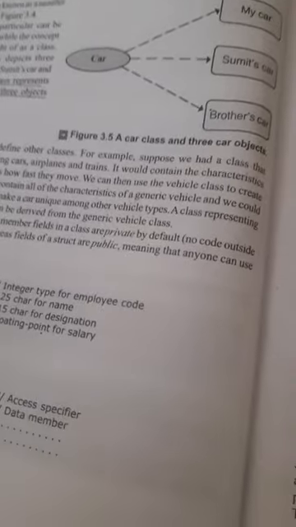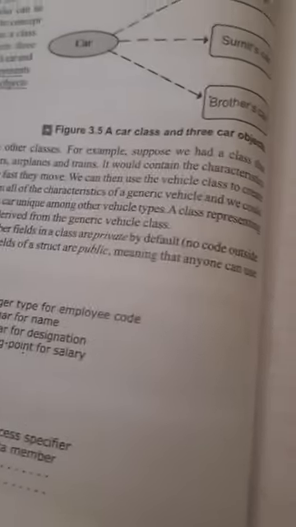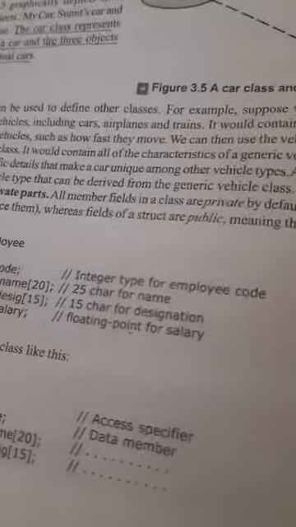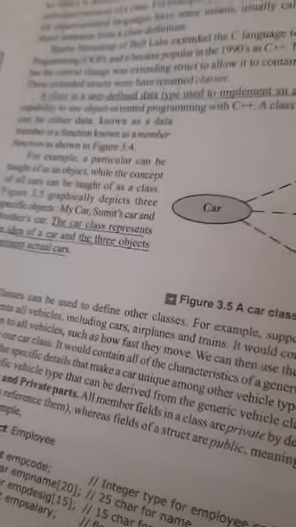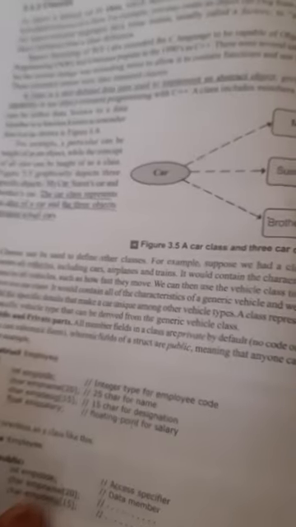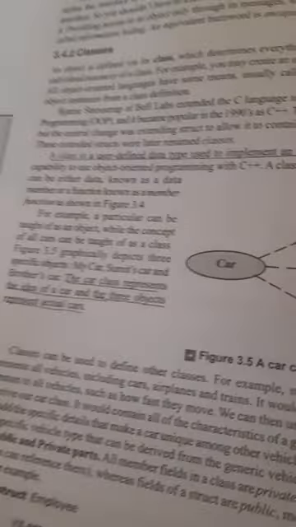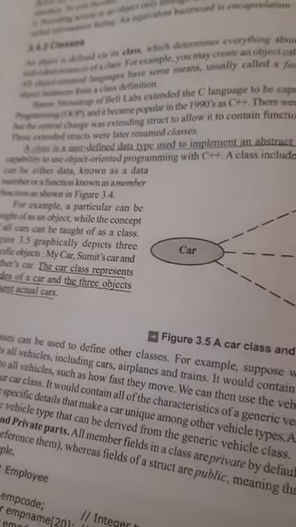The state means the variables itself, the behavior means the methods. So a class defines the variables and the member functions that are to be used by the object. Now, how do we define an object? We define an object as an instance of a class.